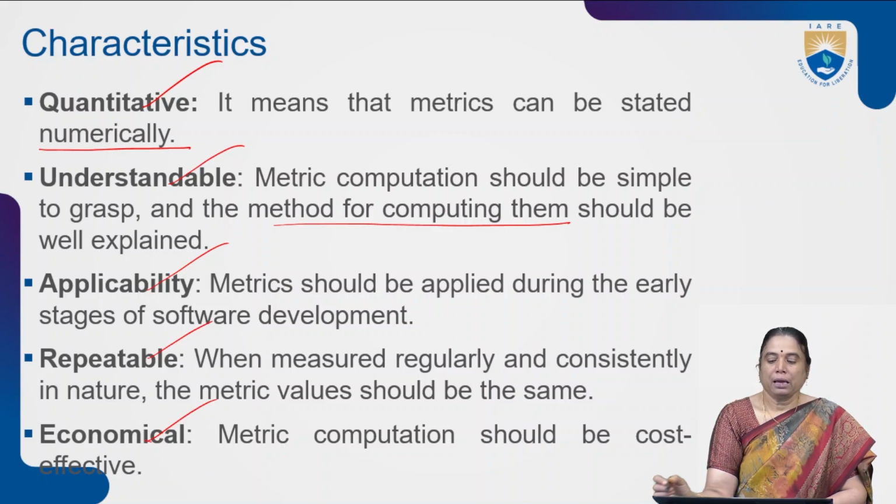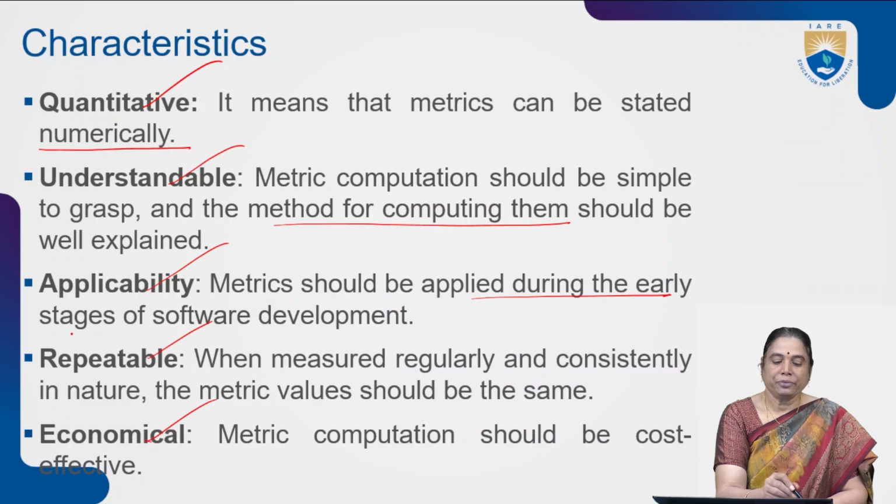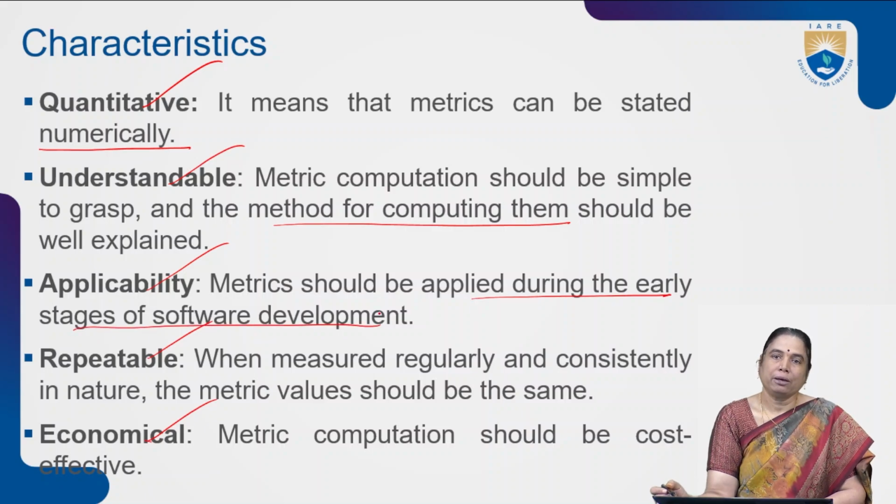Applicability means it should be applied during the early stages of software development. Repeatable means that when measured regularly, the metric values should be the same, consistent in nature. Economical means metric computation should be cost effective.